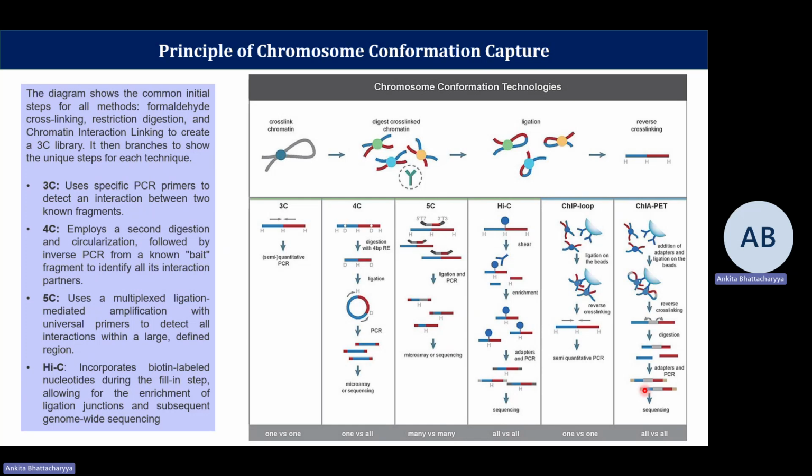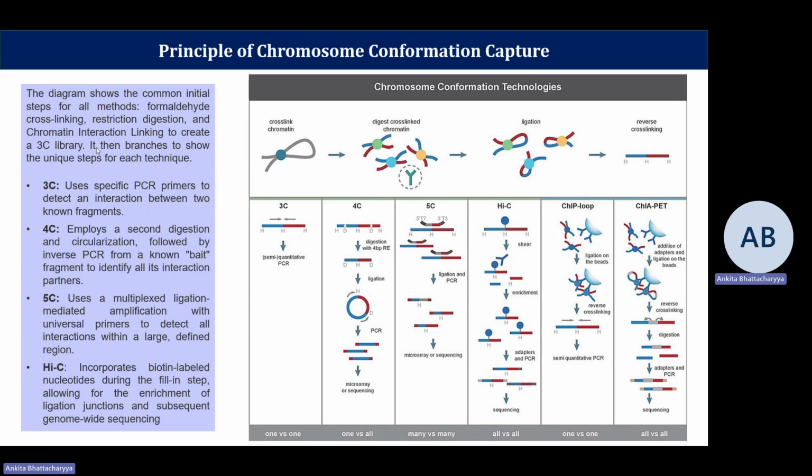Then 5C uses a multiplexed ligation mediated amplification with universal primers to detect all interactions within a large defined region. Hi-C incorporates biotin labeled nucleotides during the filling in step, which allows for the enrichment of ligation junctions and subsequent genome wide sequencing.